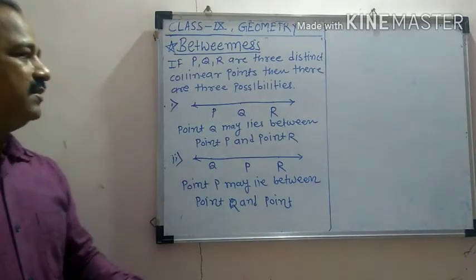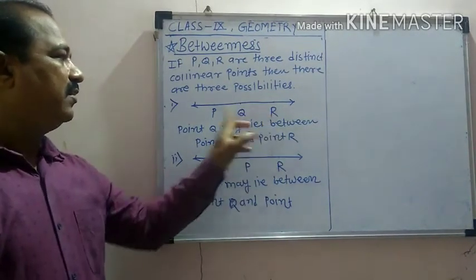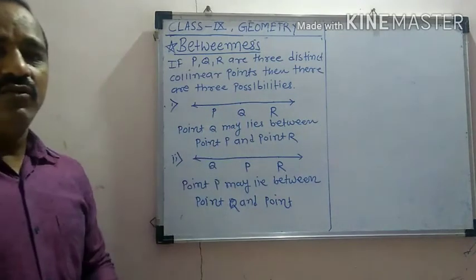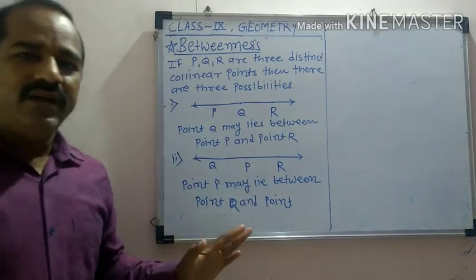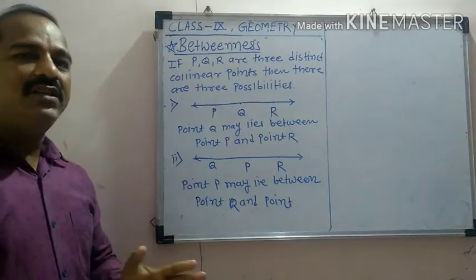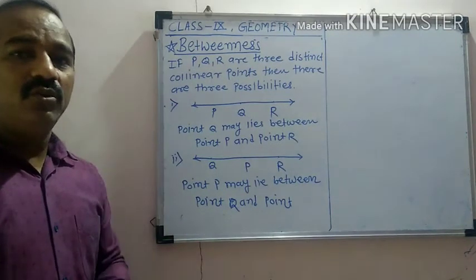And third possibility is that point R may lie between point P and Q, because it is not given to you that which point lies between the other two points.